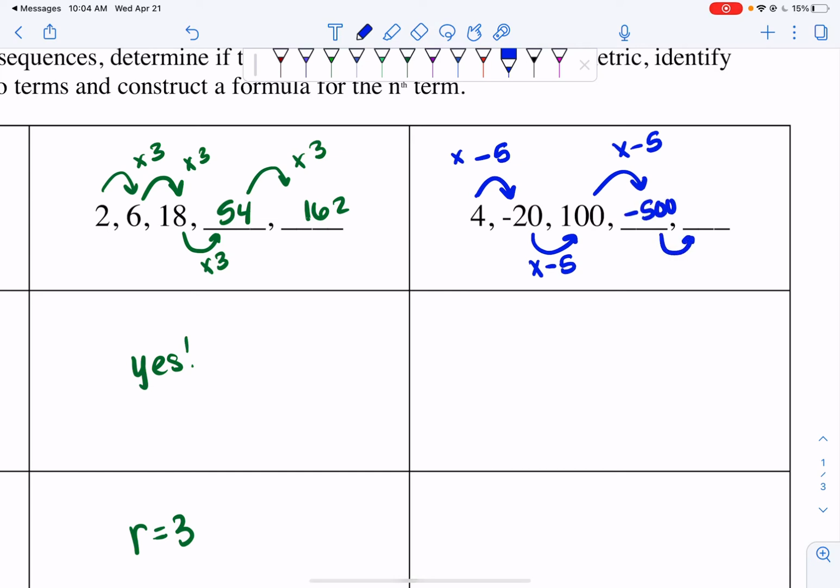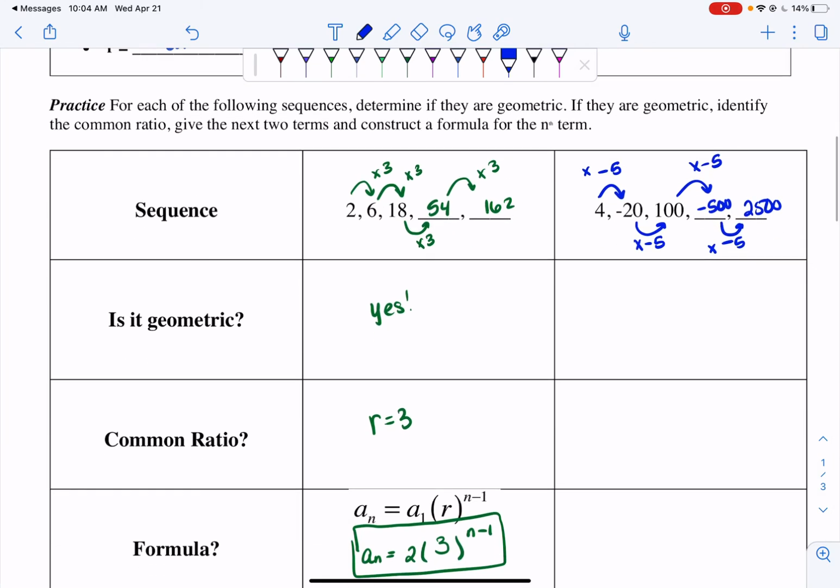And now I multiply by negative 5 again, which gives me positive 2,500. So I'm always multiplying by negative 5. So this is geometric. My common ratio, or the number I'm multiplying by each time, is negative 5.